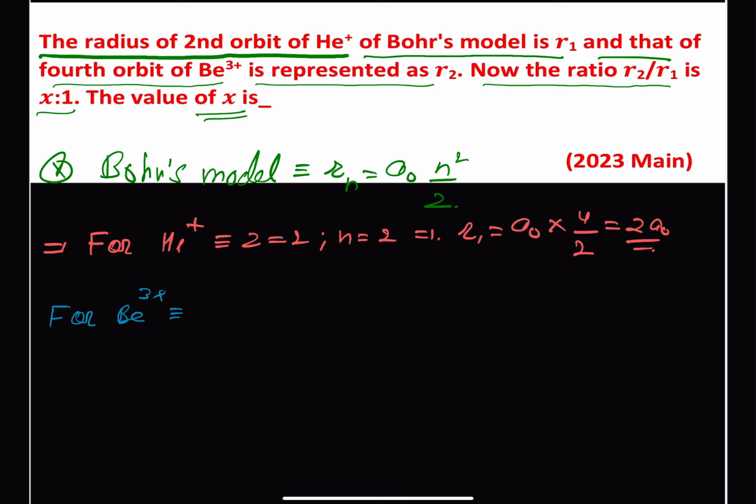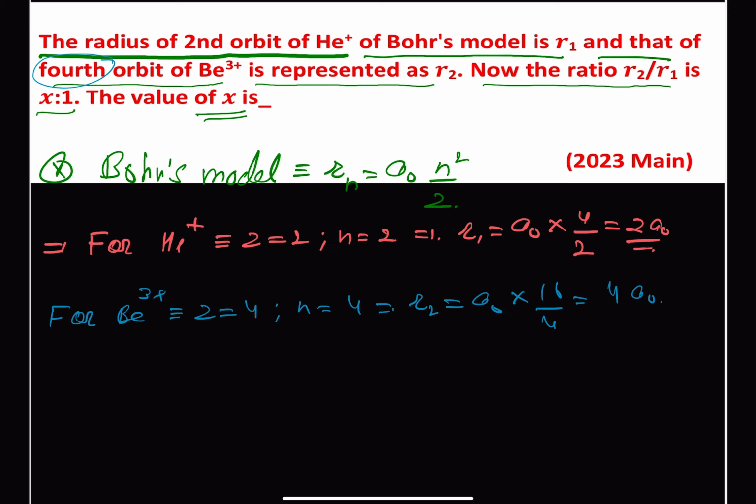This gives us value of Z is equal to 4 and value of n is equal to 4 because it says fourth orbit. Therefore, our R2 will be equal to a naught and n square will be 16 over Z equal to 4, which gives us 4 times a naught.